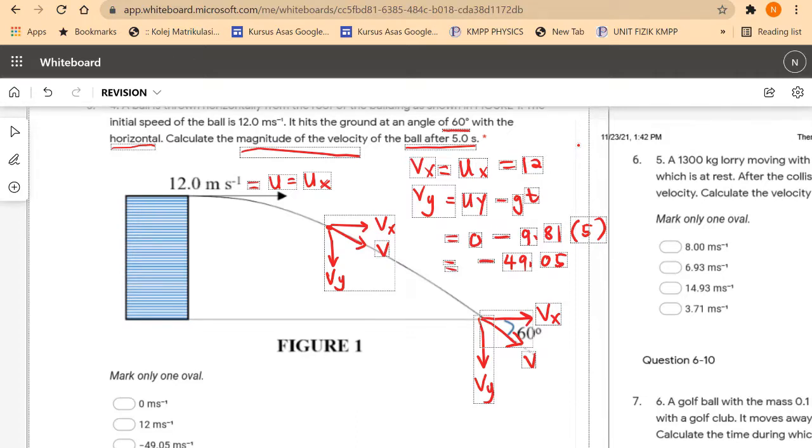A 1,300 kilogram lorry moving with velocity 8 meters per second collides with a 1,500 kilogram lorry which is at rest.